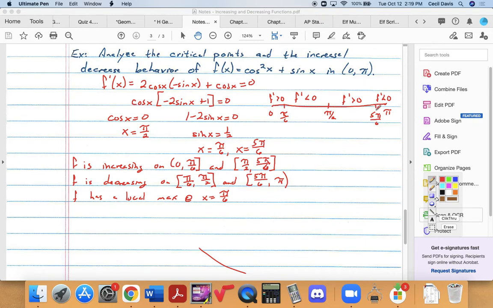And again at, what, 5 pi over 6? And f has a local minimum at x equals pi over 2. Okay? Any questions? Okay.